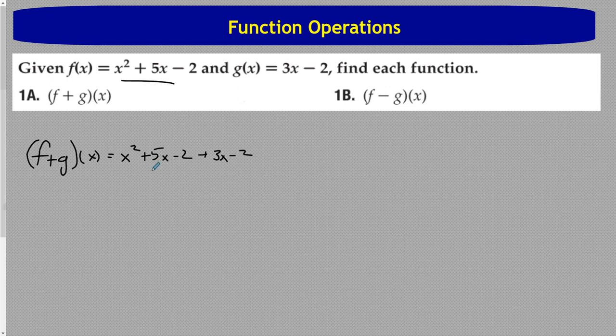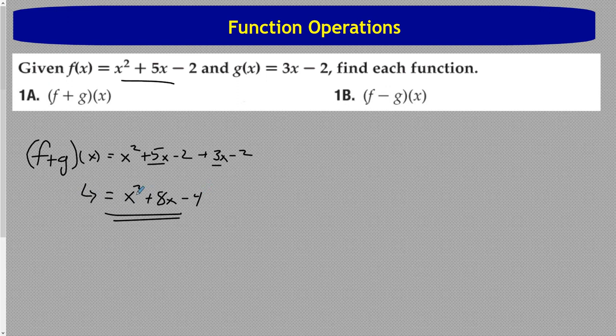Now I have a lot of variable expressions here, and I just need to combine all my like terms. So I've got only one x squared. I have a 5x and a 3x, so that's 8x, and then I have negative 2 and negative 2, which is minus 4. So f plus g of x is equal to x squared plus 8x minus 4.